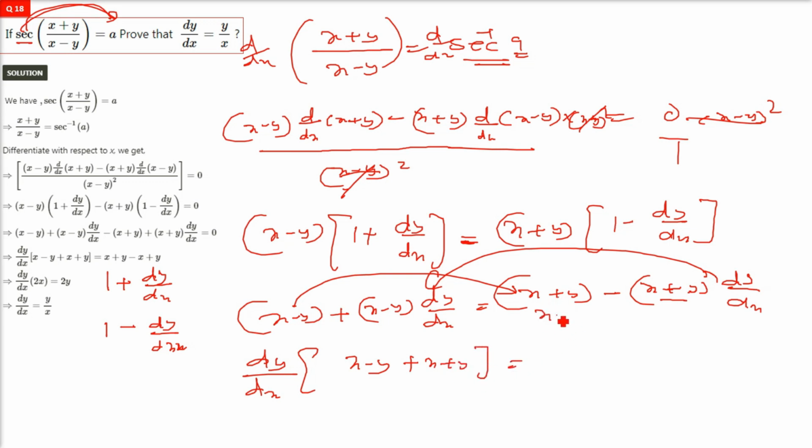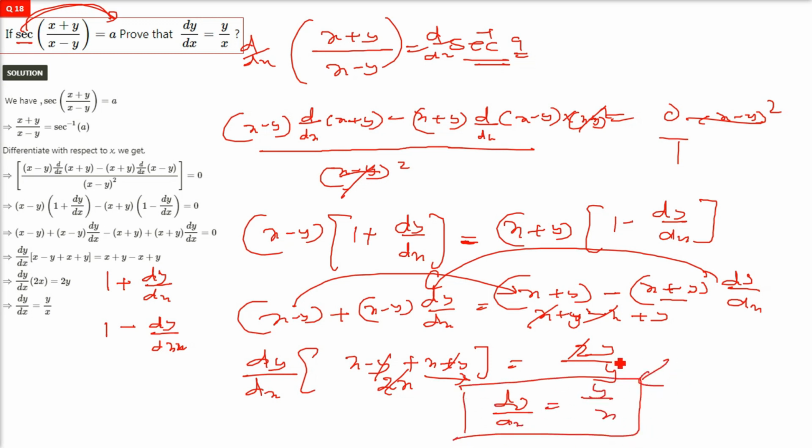X plus y was already there on the right hand side, and x minus y with a negative we are bringing it here. So minus x plus y it will be. X cancel, so you get a 2y on the right hand side. This we get 2x on the left hand side. 2 gets cancelled. Y will go in the denominator. So dy by dx is going to be y by x. That is your final answer.